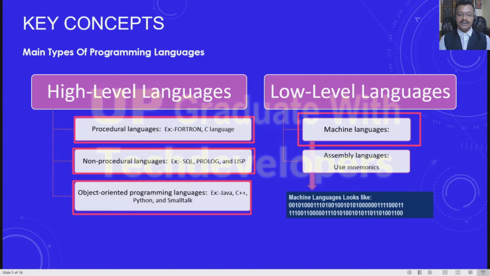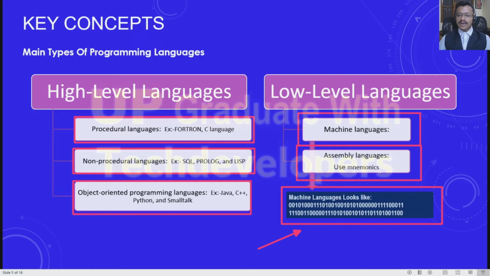In simple words, machine language is the system language of the CPU, which understands nothing but machine language. You can see how machine language looks here, in the form of ones and zeros. Assembly language is an advancement over machine language.